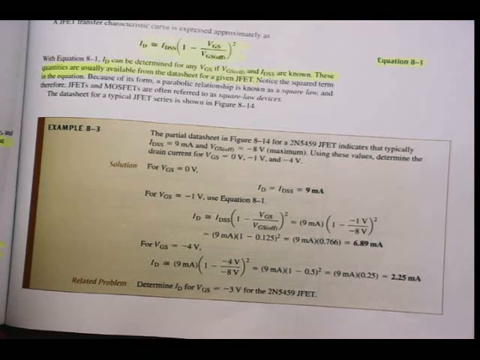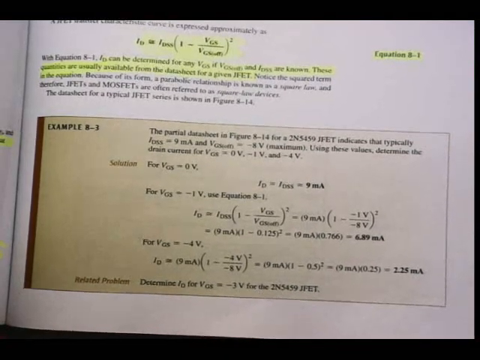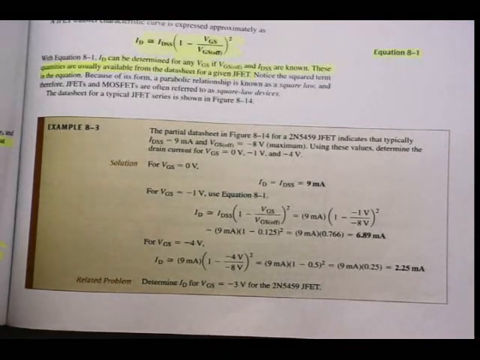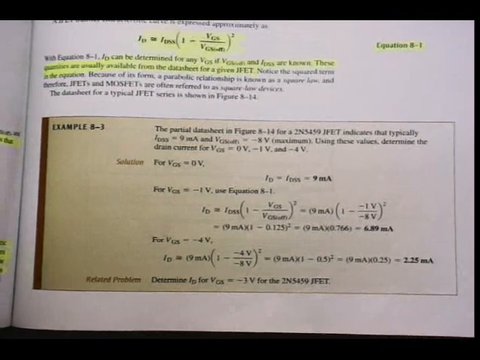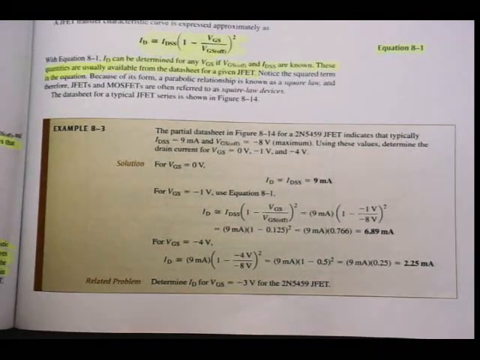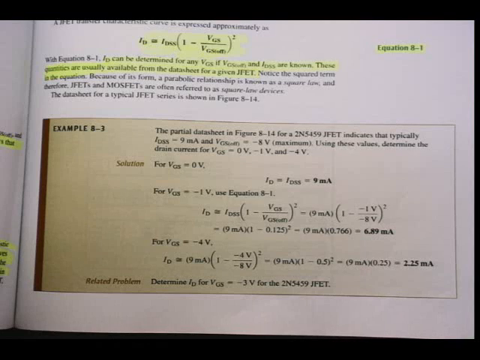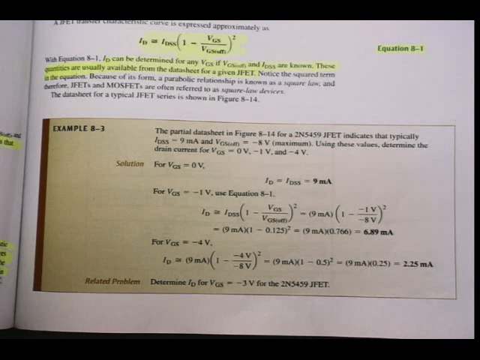We give various values of the JFET for a specific parameter. Using these values, determine the drain current for VGS equal to 0 volts, -1 volts, and -4 volts. So, for this example, for specific values of VGS, not specifically to draw the transfer characteristic curve.